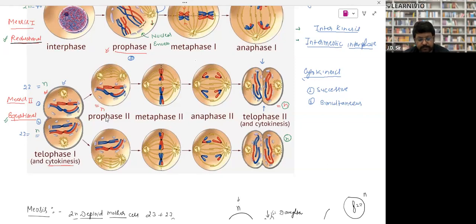Full stop. Each chromosome gets connected with a spindle fiber, full stop.